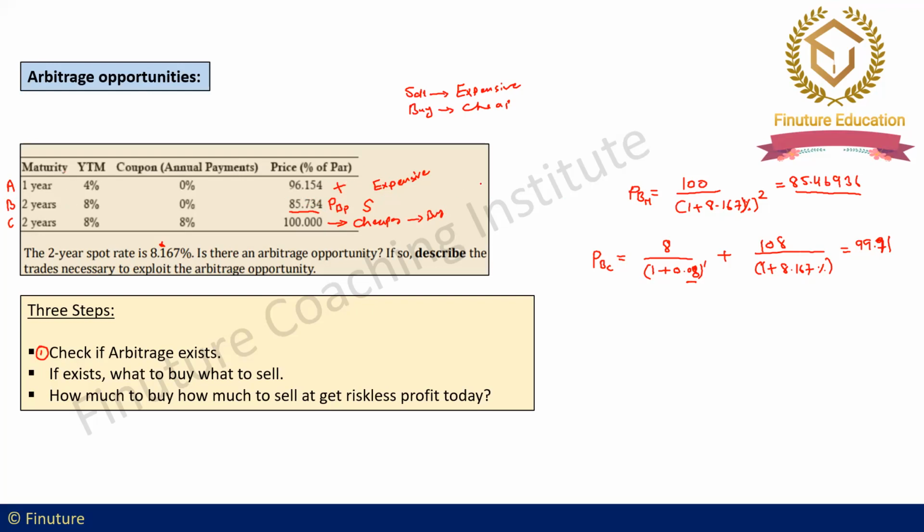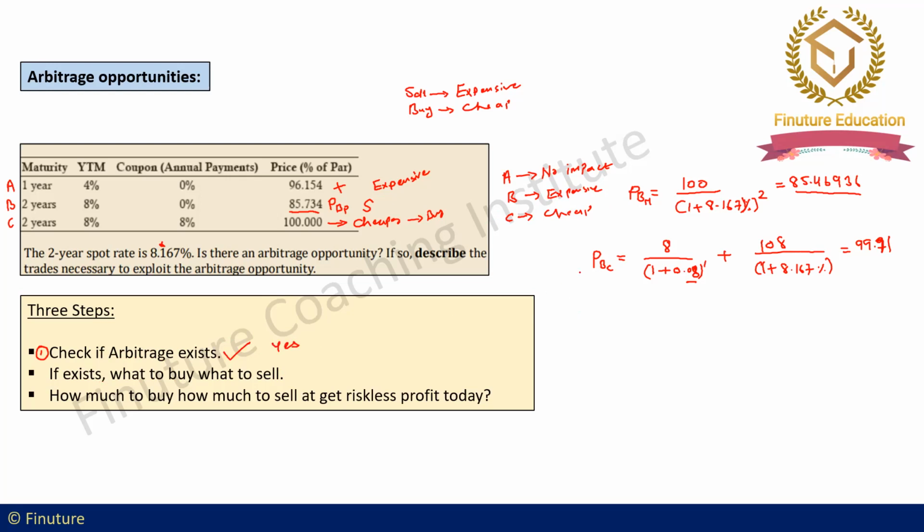Yeah, but the key thing is, on bond A, no impact. So if I were to summarize, bond A: no impact from change in 2-year spot rate. Bond B is expensive with this change, and bond C is cheap. So firstly, opportunity exists.